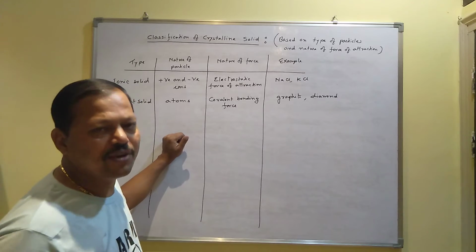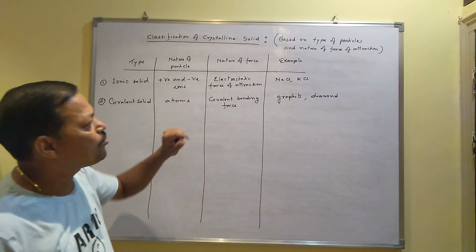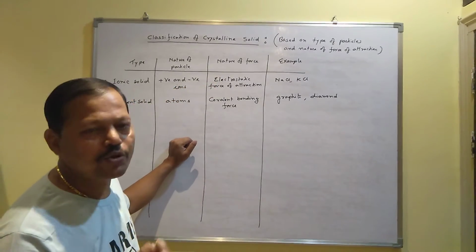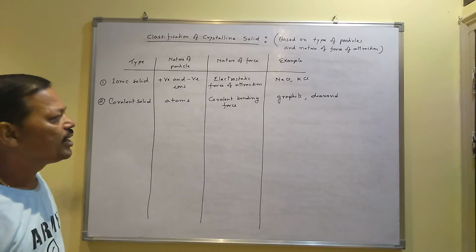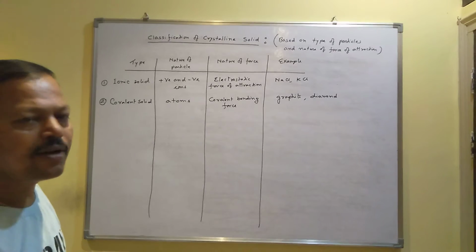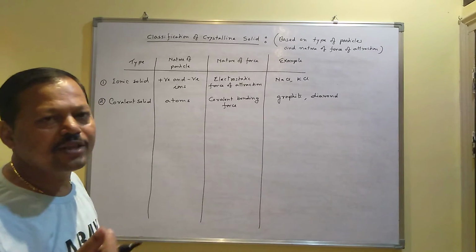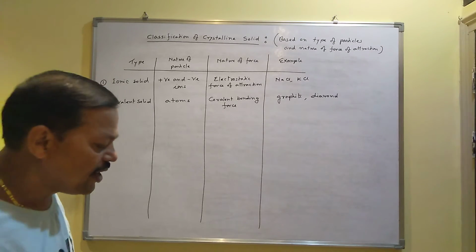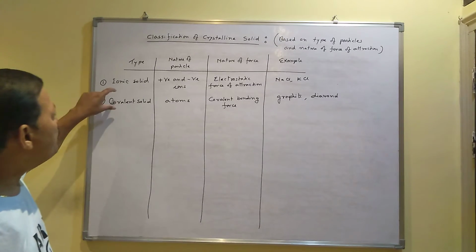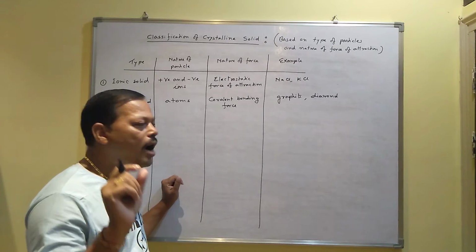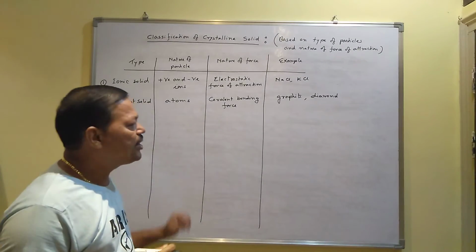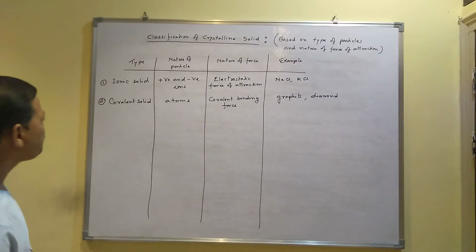I mean when sodium chloride, potassium chloride are dissolved in water, they produce ions, and that is why in aqueous solution they become good conductors of heat and electricity. But in solid state, they cannot produce ions, and that is why in solid state they are bad conductors of electricity. And covalent solids are also hard and they are insulators. I mean they cannot conduct electricity.